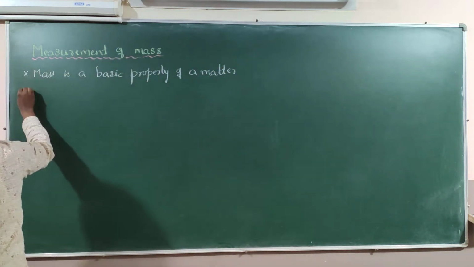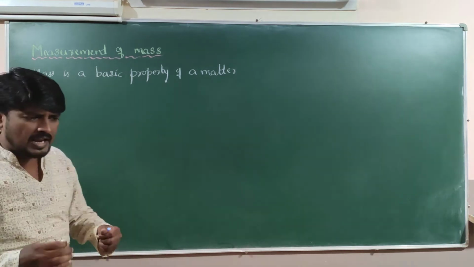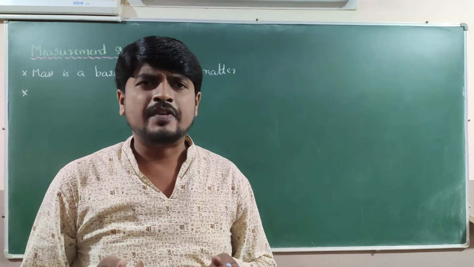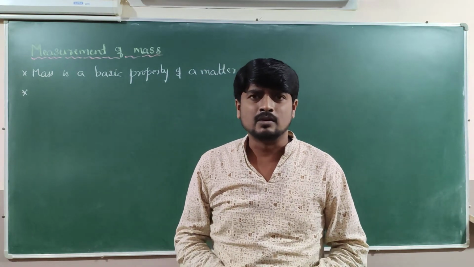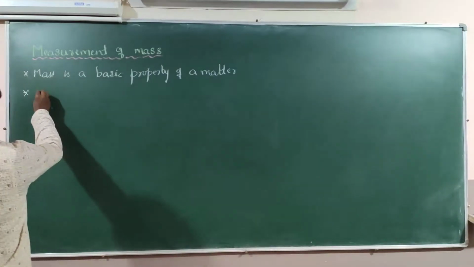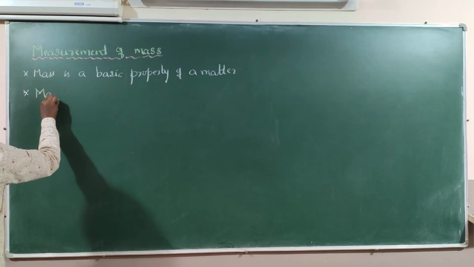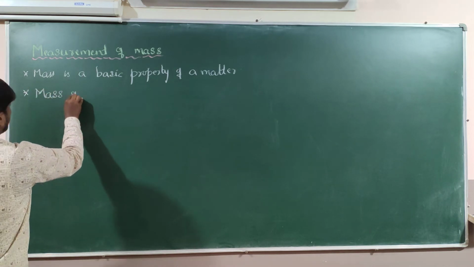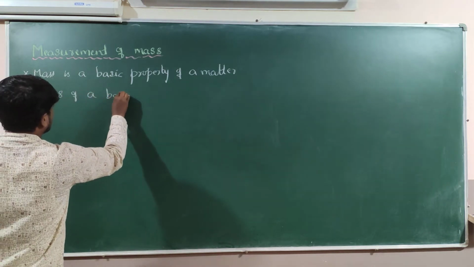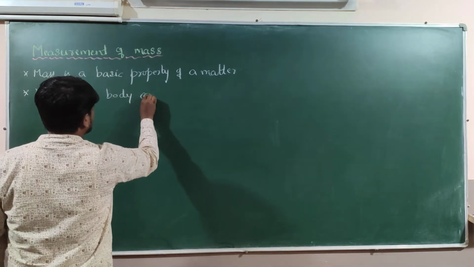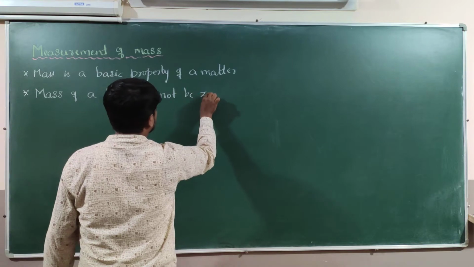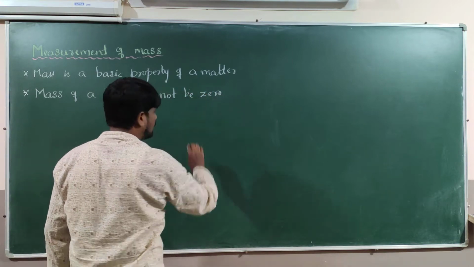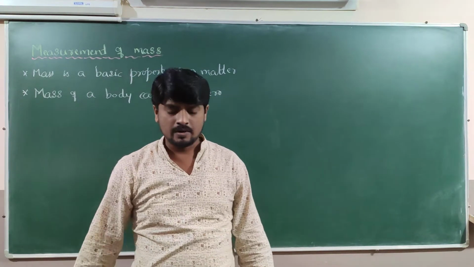Second thing is, if you take any object or any body, the mass of the body cannot be zero. That is the next point. Mass of a body cannot be zero.